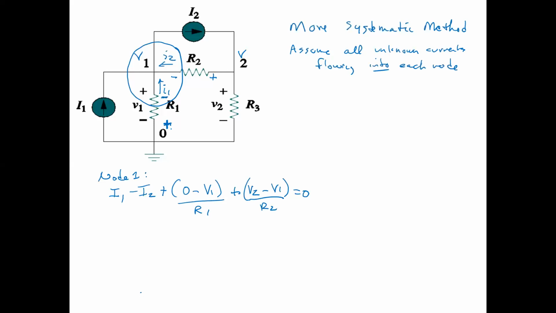You're going to get a negative current, but you're still going to get a positive voltage. Possibly, yeah. I mean, these are all variables, and whatever we crank out is the answer.